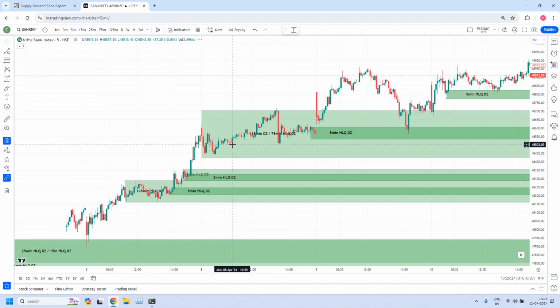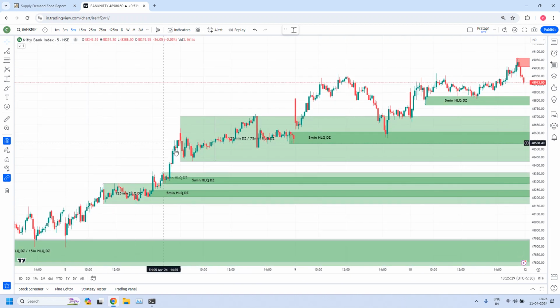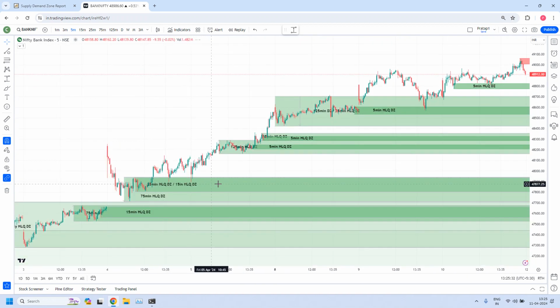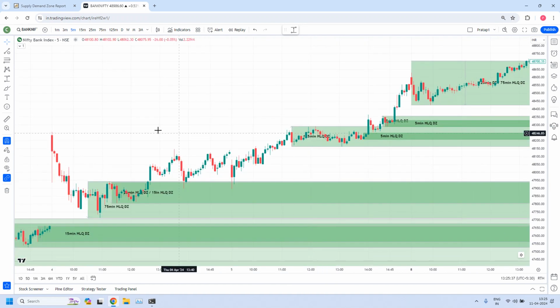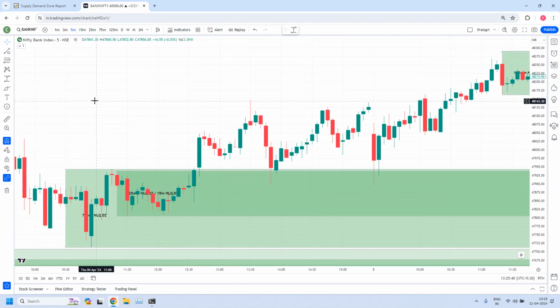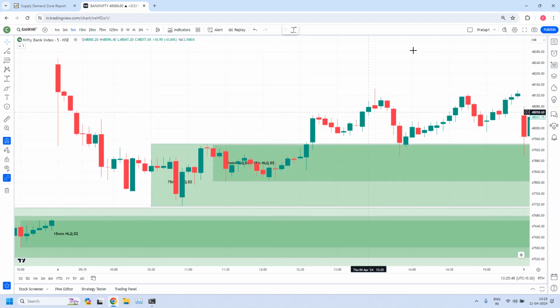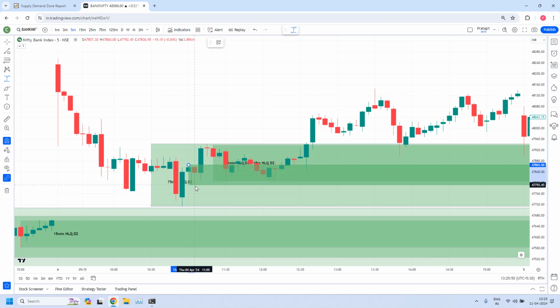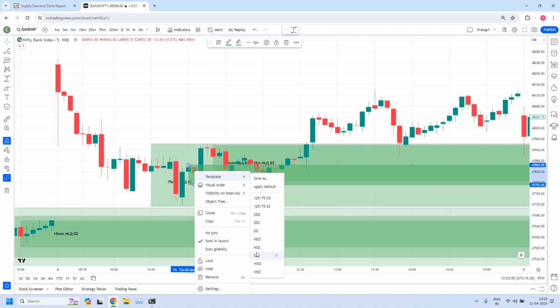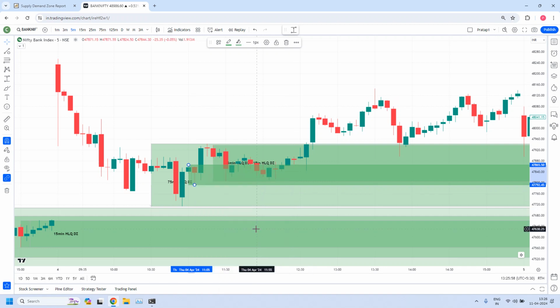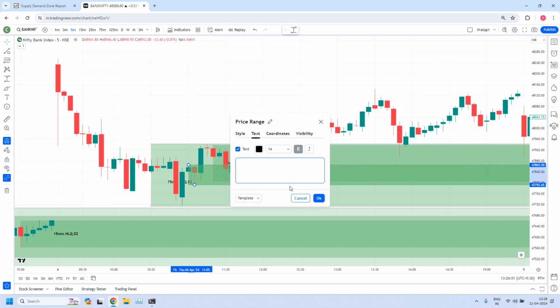I changed it to 5 minutes. Here in this zone, this is a rally candle, 2 base candles and a rally candle. This is the one actually holding the prices. So this is a 5 minutes high liquidity demand zone.